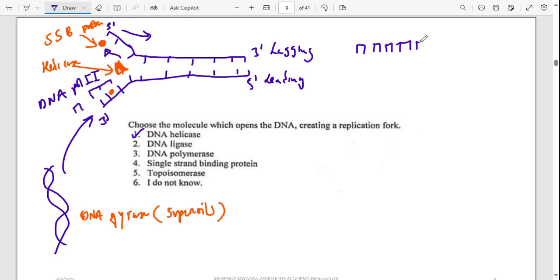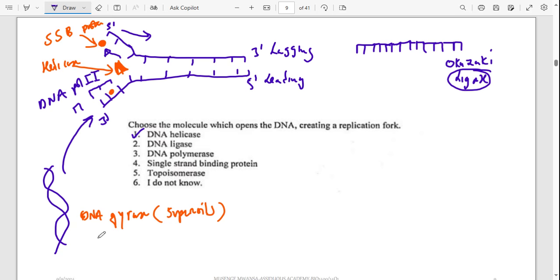Then DNA polymerase is going to come and form short strands, and those are known as Okazaki fragments. And then what will come and complete joining these, forming the phosphodiester bonds, is DNA ligase. Okay, ligase.